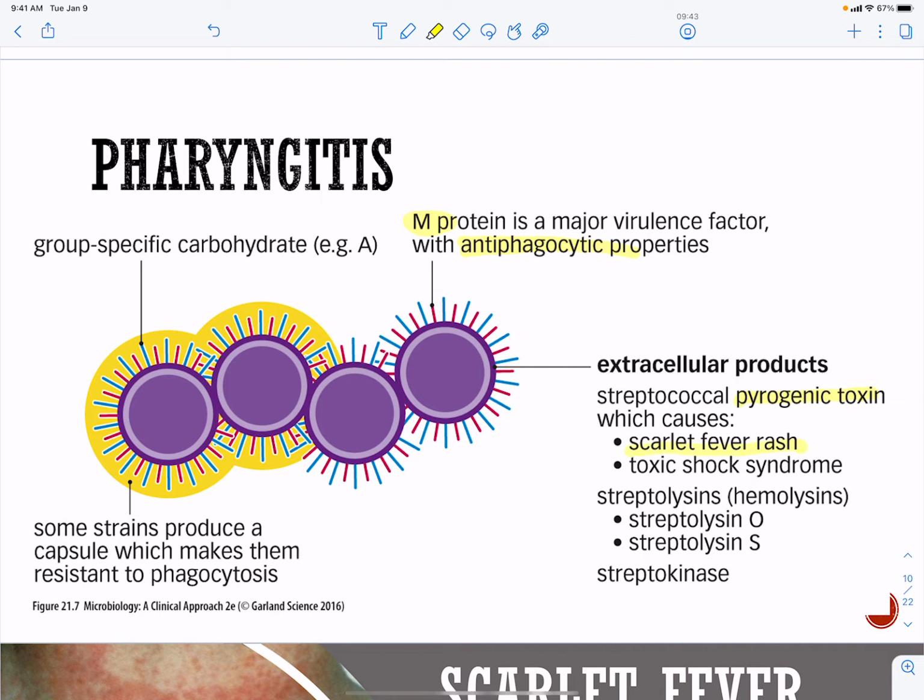This is going to lead to potentially toxic shock syndrome and scarlet fever. They have other hemolysins, streptolysin O and streptolysin S, and another enzyme called streptokinase. So all of these help them to disseminate, invade our system, and get through into our blood.